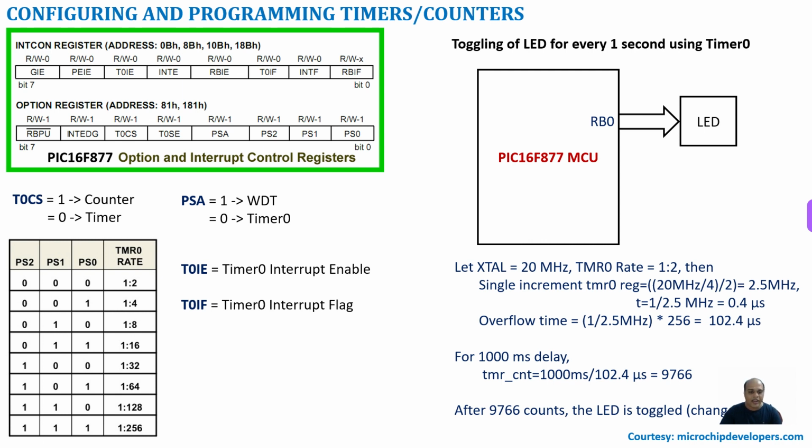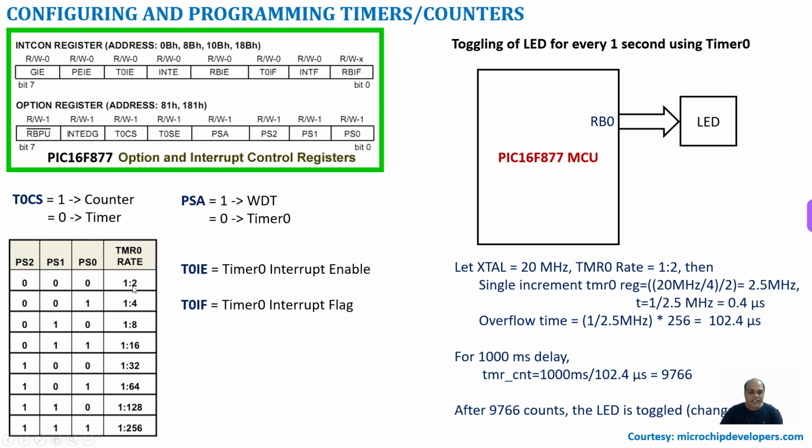And this 5 MHz is also divided by 2. Since it is 1:2 rate, it will be divided by 2. So it becomes 2.5 MHz. So at 2.5 MHz speed, the incrementation will happen in the timer 0 register.